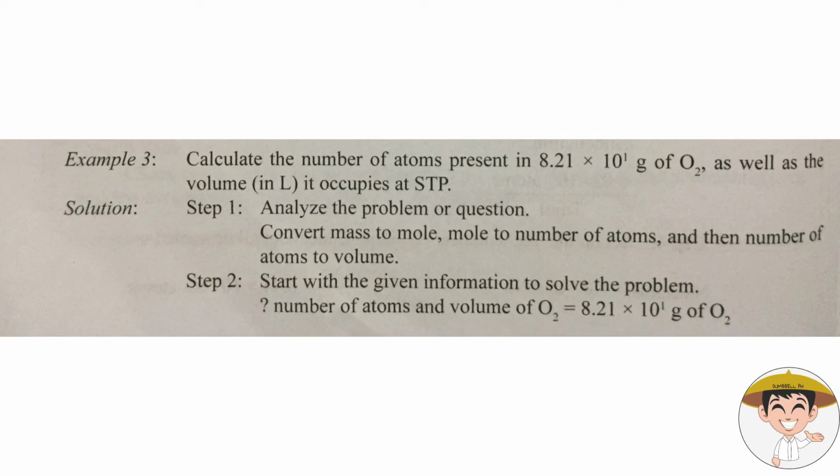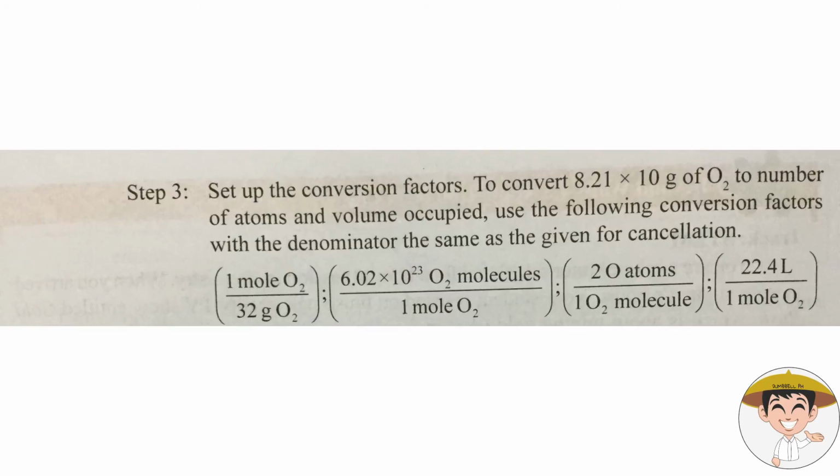So our analysis will be about converting mass to mole, since we are given the mass, then mole to number of atoms, since we are also asked for that, and then to volume. So start with the given information: number of atoms and volume of oxygen gas, given 8.21 times 10 raised to 1 grams of oxygen gas.